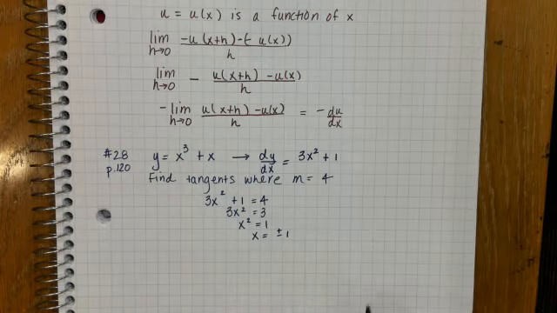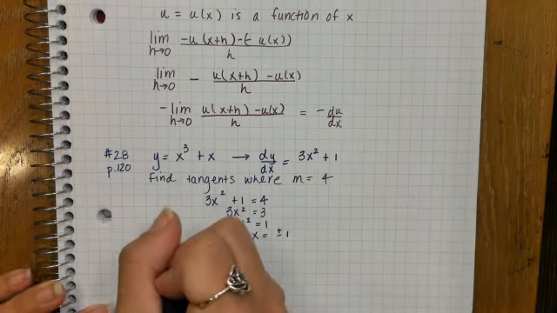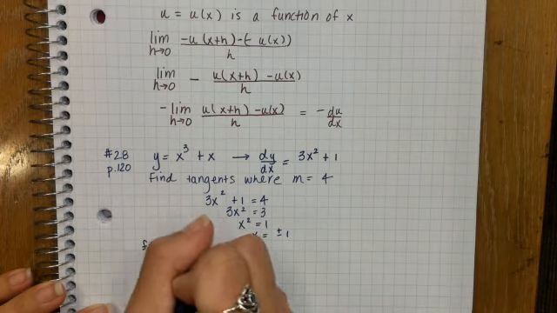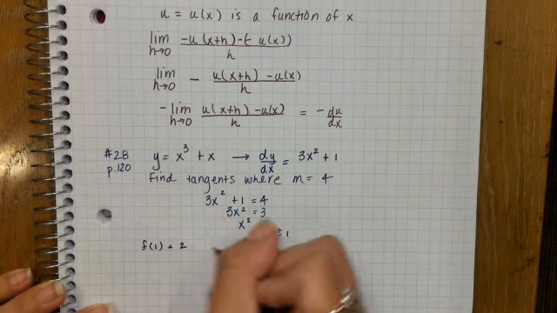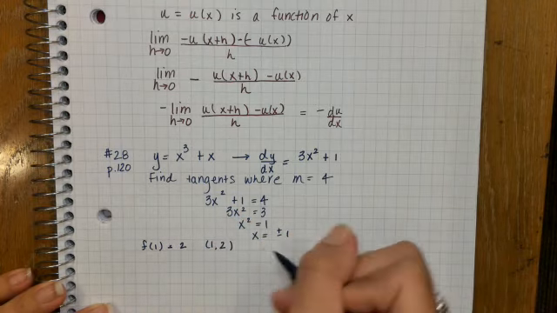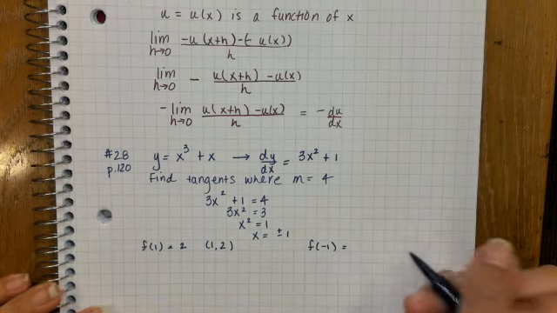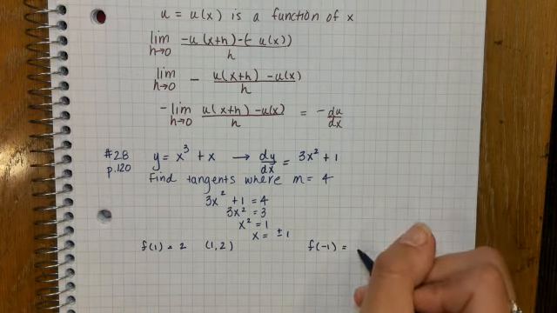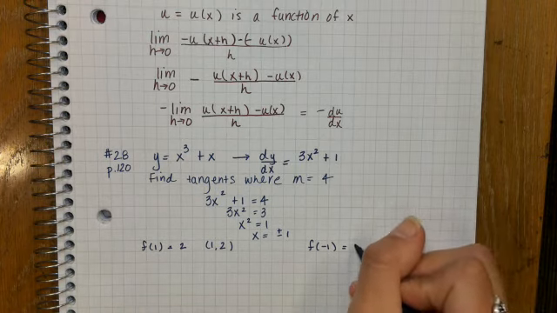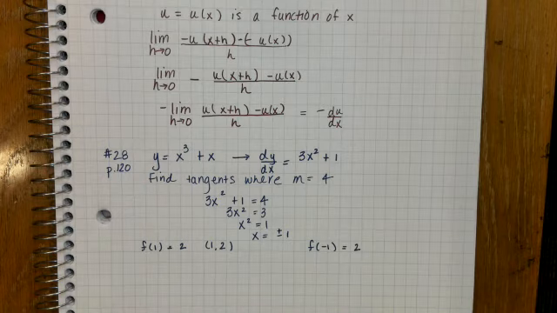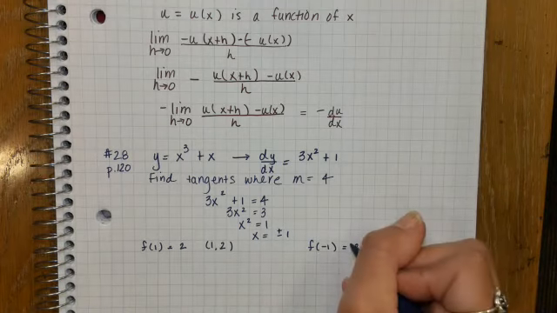Let's find the f of 1 and the f of -1. So the f of 1, I believe, is 2, and the f of -1, I believe, is also 2. Pretty sure. -2.